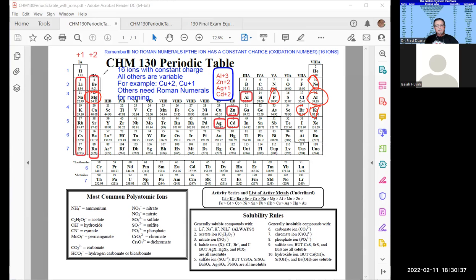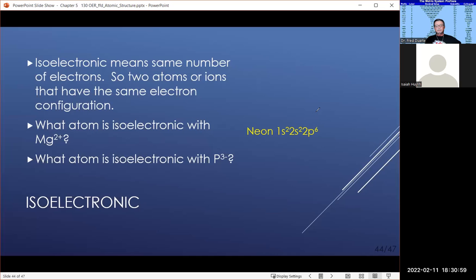Lithium will be isoelectronic with helium, and hydrogen eventually will become helium when it gains some electrons. All right, let me erase some of this. I think we're going to be pretty close to finishing up this chapter. Okay, so argon.